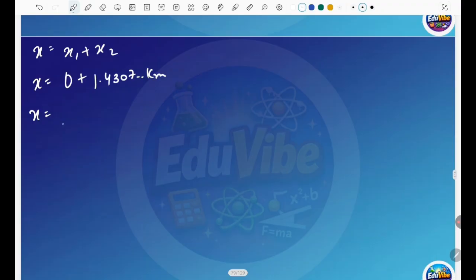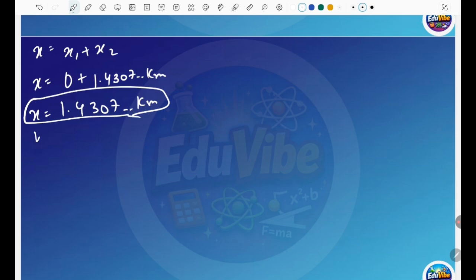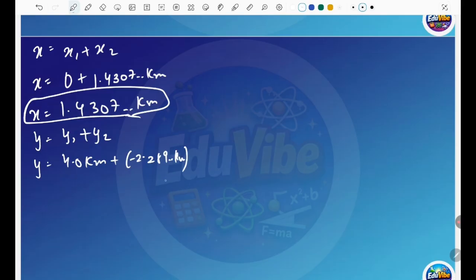For x, we get about 1.4307 kilometers. For the y, you have y1 plus y2. y1 is 4.0 plus y2, which is negative, so take it as negative. So you get y as 1.710 kilometers per hour.